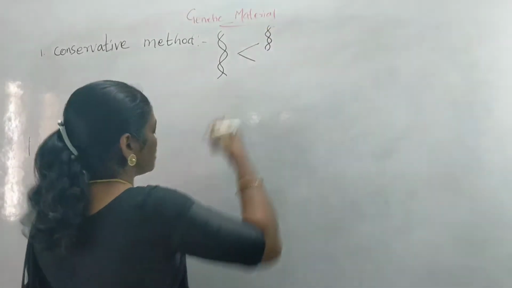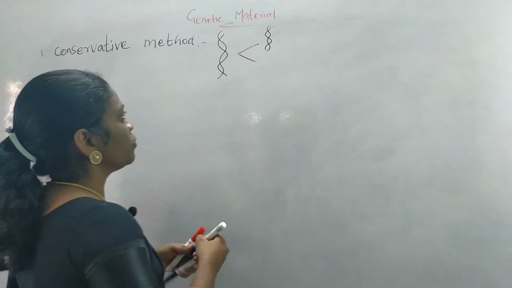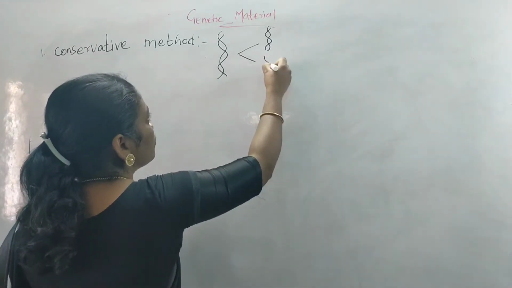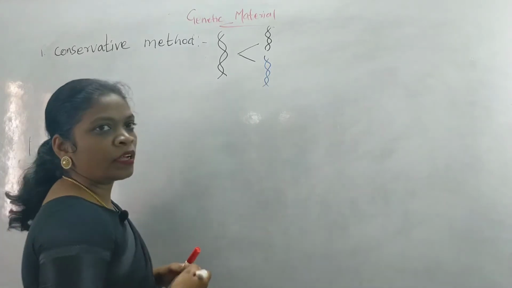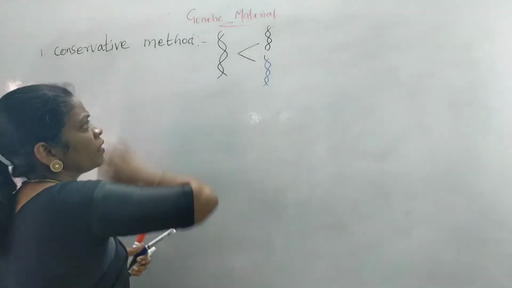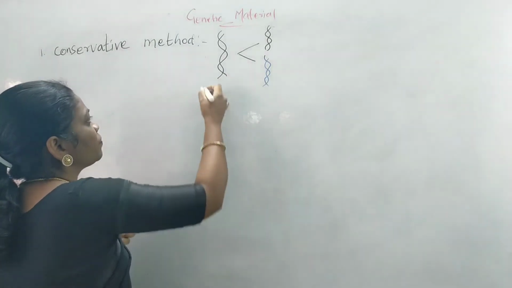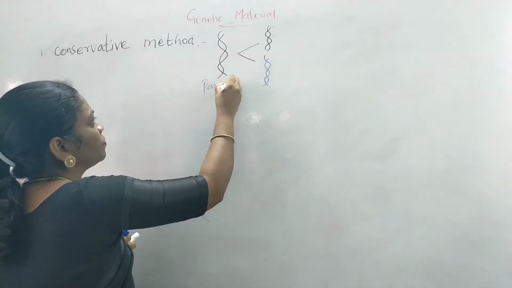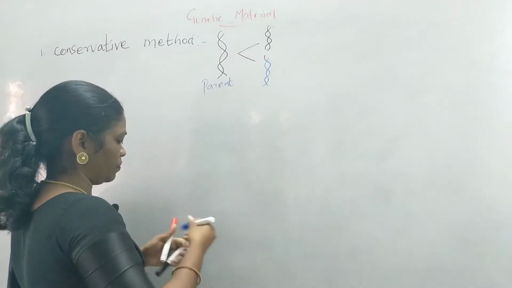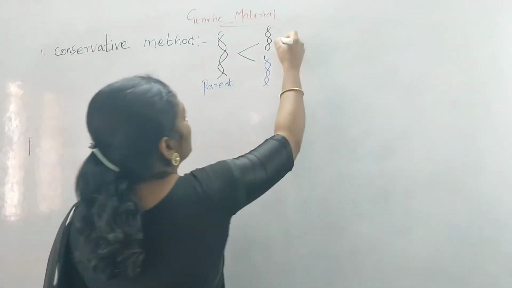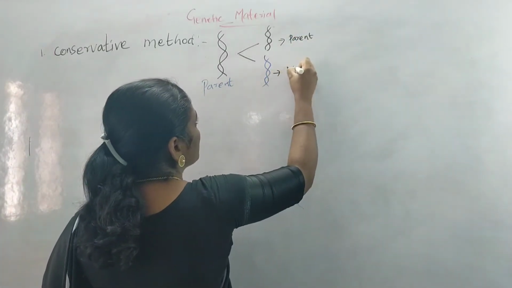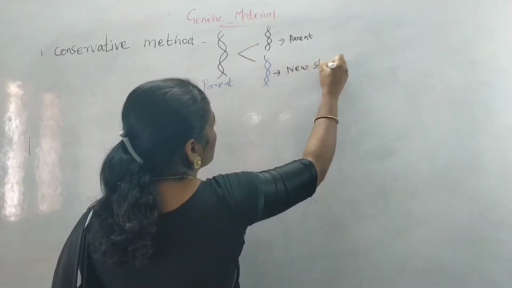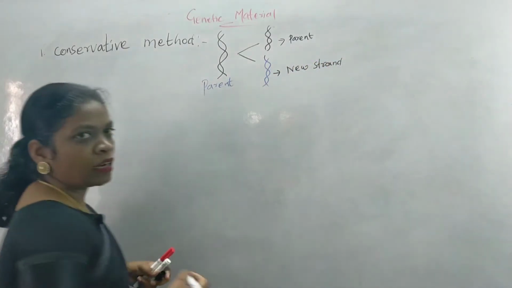There will be no changes in the parental strand, but an entirely new strand, a daughter strand, is formed as a result of replication. This is the parental strand, kept exactly as such, and this is the new strand that has been formed. This is how the conservative method explains how DNA replicates.